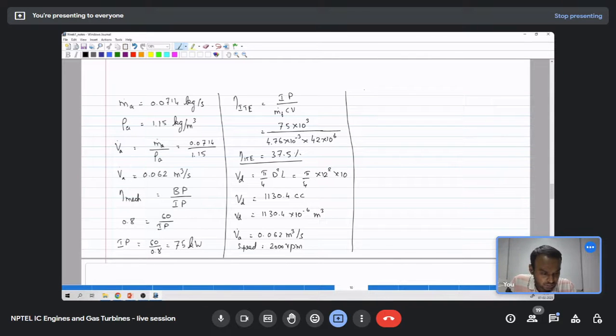So cycles per second is equal to 2000 by 2 into 60. 2000 by 60 will give me rotations per second, and by 2 will give me cycles per second.